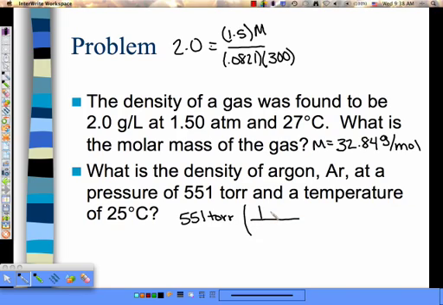1 ATM is equal to 760 torr. Oops, that's 550 over 760 torr, not 0.735.